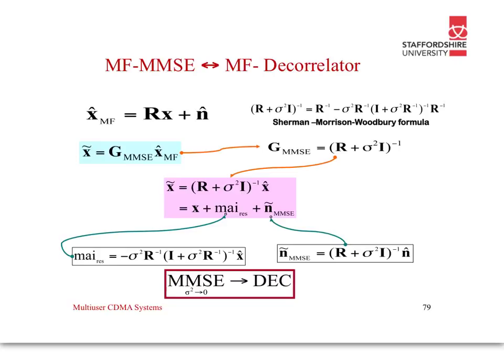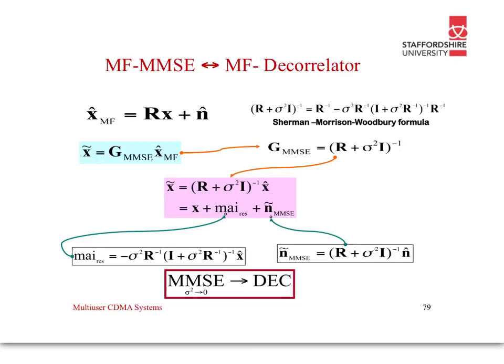X tilde is our output, and G is this. So G X hat gives X plus multiple access interference, where the multiple access interference is given by the minus of the noise variance times R to the -1, identity matrix plus sigma squared R to the -1, all to the -1, times X hat. And similarly, the noise is R plus sigma squared I to the -1 times N hat.